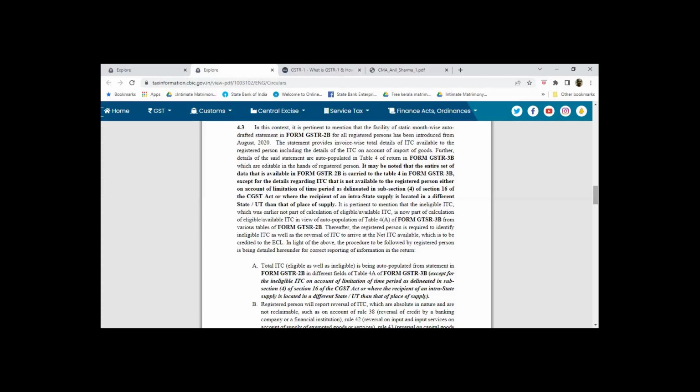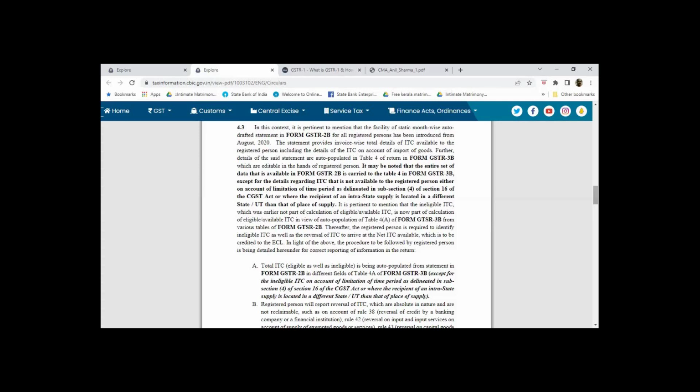For example, if the taxpayer has to take ITC for financial year 2021-22, then the time limit is 30th November 2022. If he has missed any ITC, he can take the ITC within 30th November 2022.